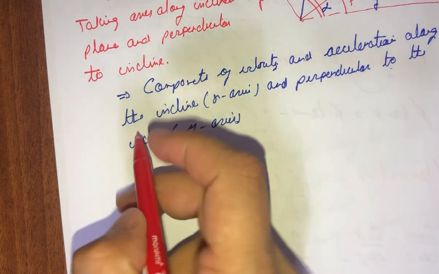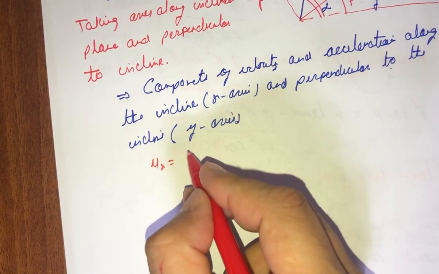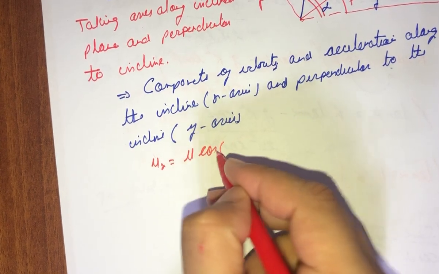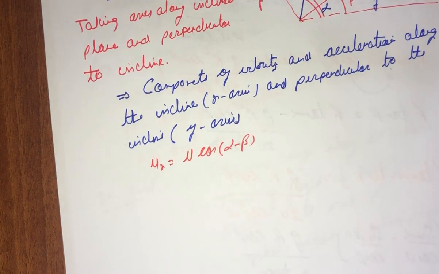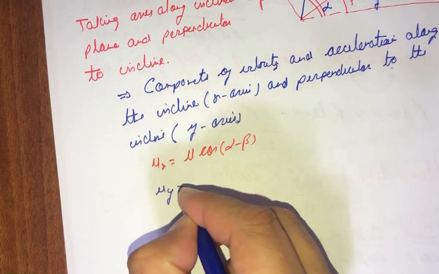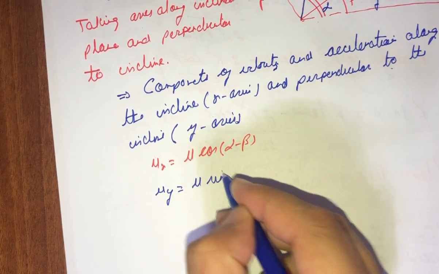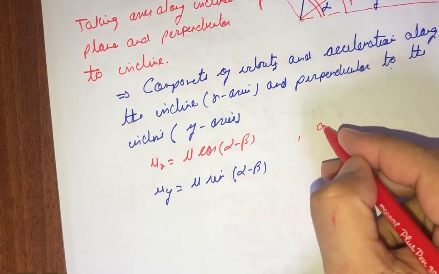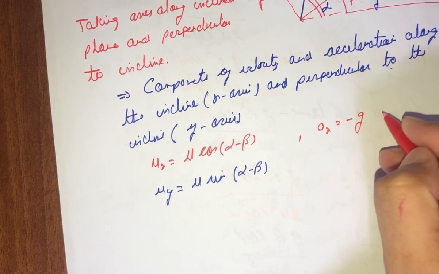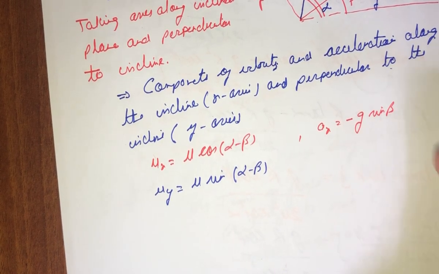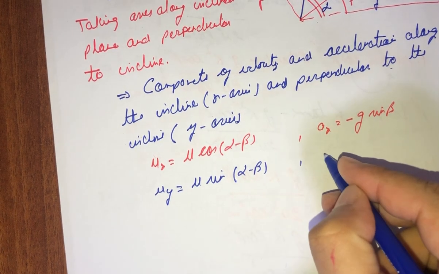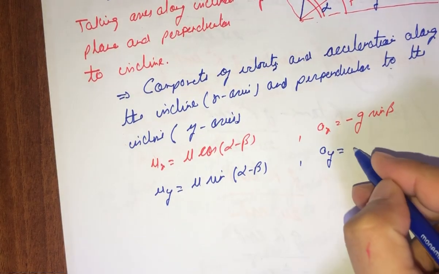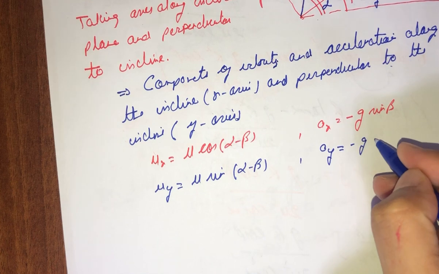So we can write ux is equal to u cos of alpha minus beta, uy will be equal to u sine of alpha minus beta, ax will equal to minus g sine of beta, and ay will be equal to minus g cos of beta.